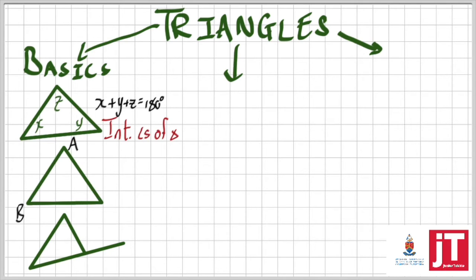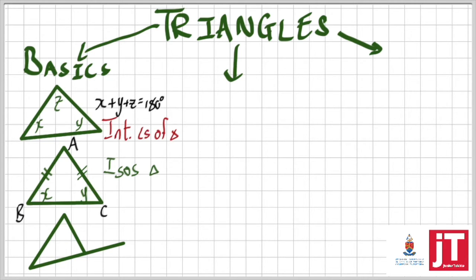Then, if I've got that AB is equal to AC, I've got an isosceles triangle. I'm not going to spend time on this slide with it, but in the next slide, I'm going to take isosceles triangles and tear them apart a little bit. So please don't tune out after this slide.